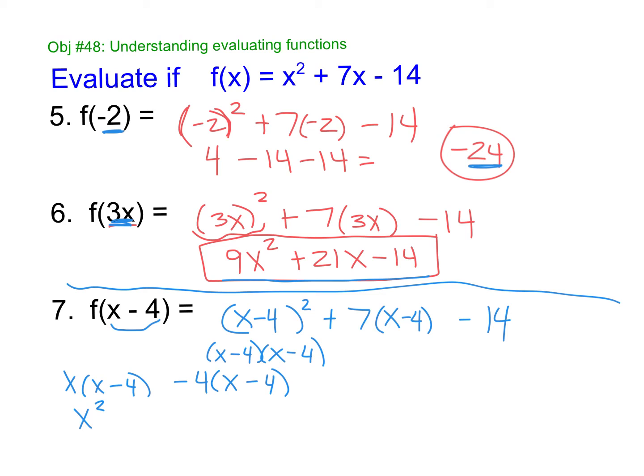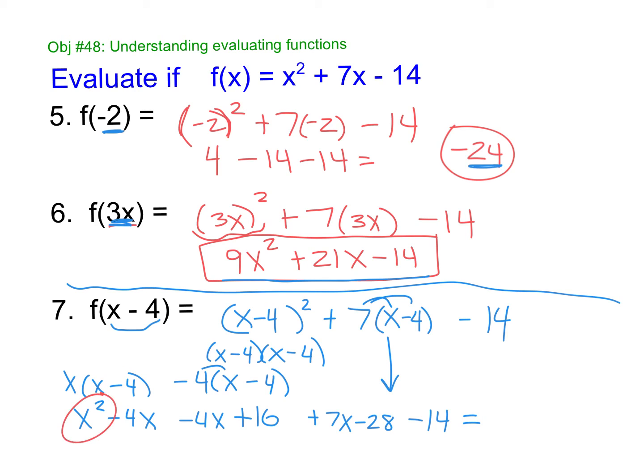So we have x squared minus 4x, and then here minus 4x plus 16. I'm going to bring this guy down. I have to distribute here. So 7x minus 28, and then I've got my minus 14 at the end. All right, let's see.